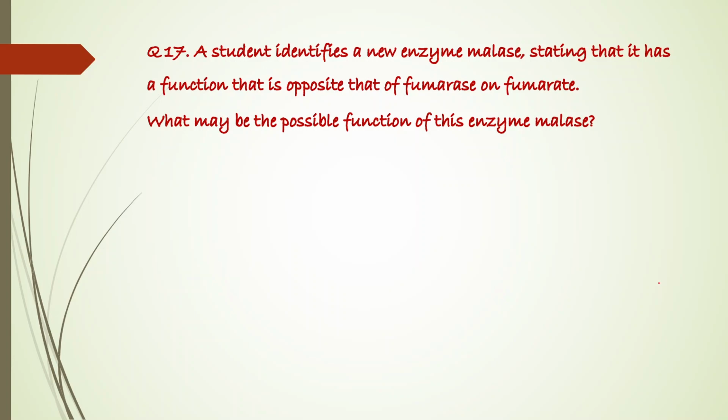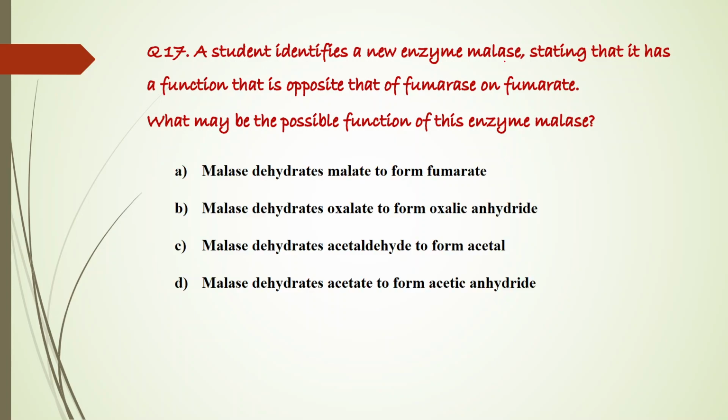It says a student identifies a new enzyme malase, stating it has a function that is opposite that of fumarase on fumarate. So what may be the possible function of this enzyme malase? Suppose someone has discovered a new enzyme and named it malase.